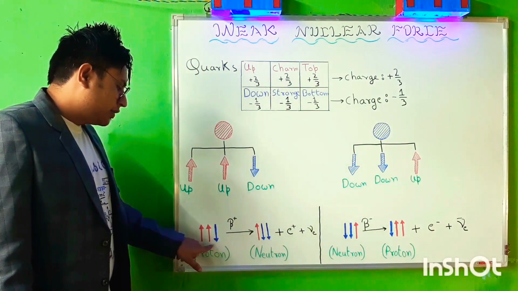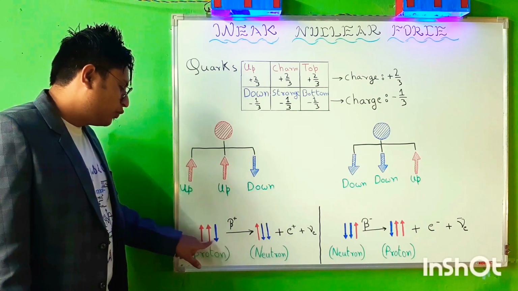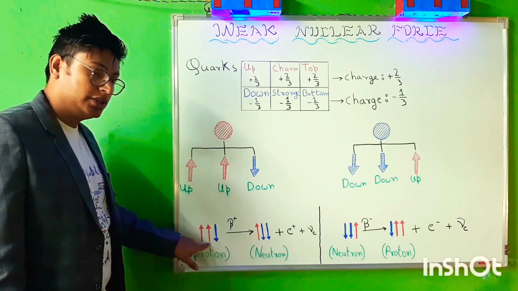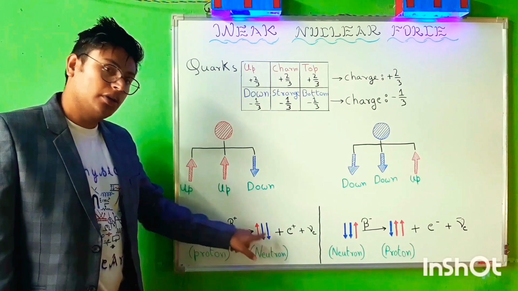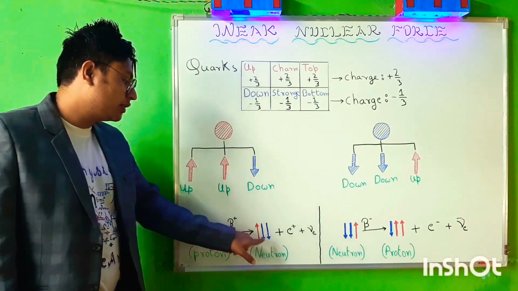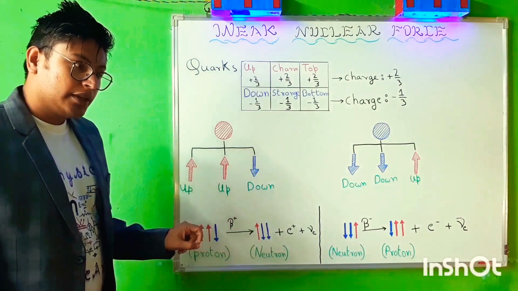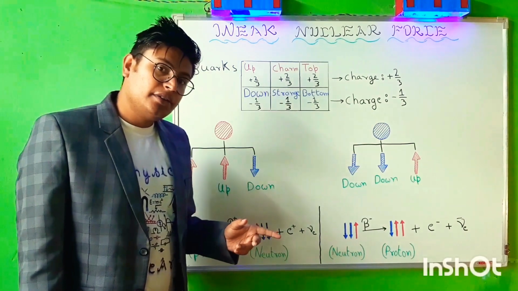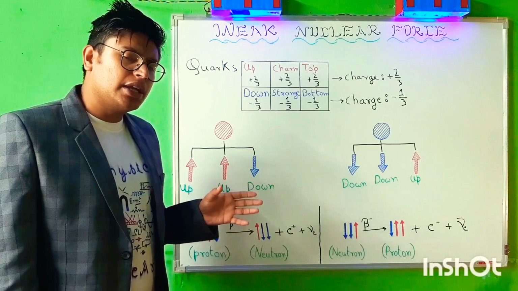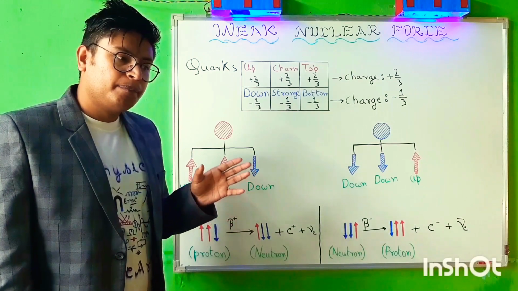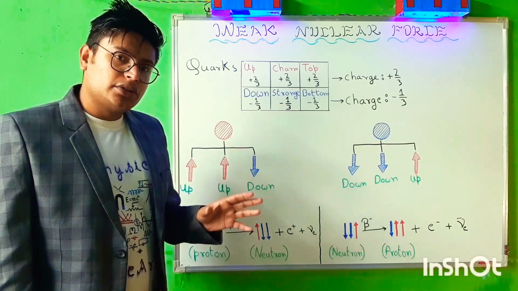In this case, I have 1 up quark changing into a down quark, a positively charged quark changing into a negatively charged quark. Now, has the charge been violated?